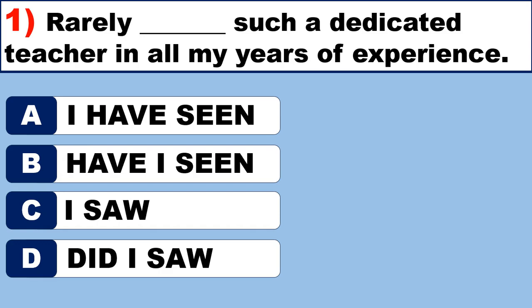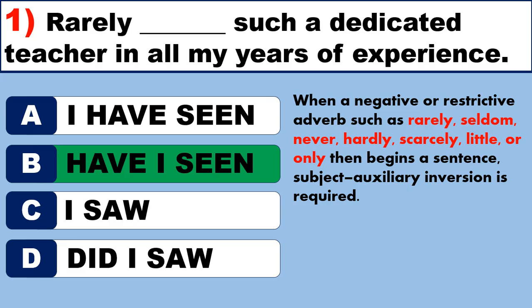Knowing that rarely is a negative or semi-negative word, we saw in our lessons in the former videos that when a sentence starts with a negative or semi-negative word, we must have inversion: auxiliary, subject, verb. So the right answer here is have I seen.